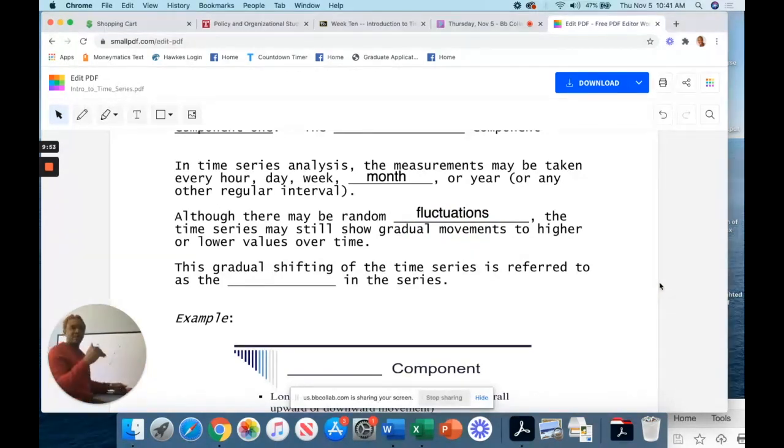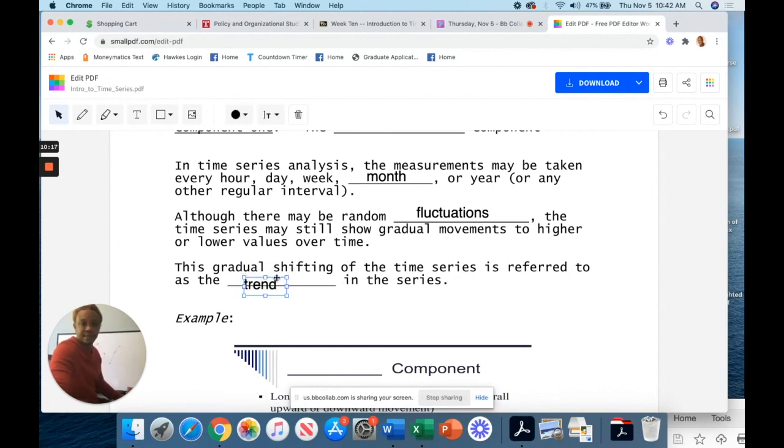And so you have this up and down kind of pattern, but when you talk about the trend component, you're trying to wonder what is the overall trend you can glean from what the picture looks like from left to right, all right? So this gradual shifting of the time series is referred to as the trend.